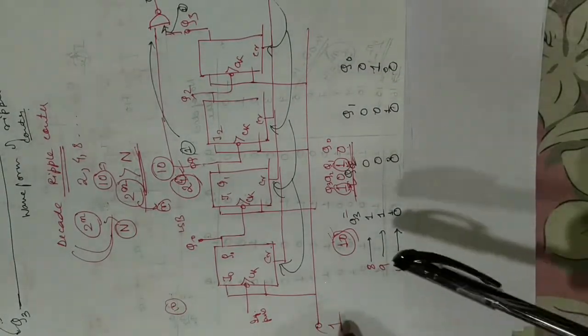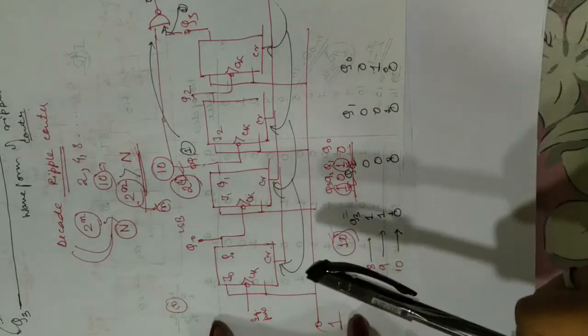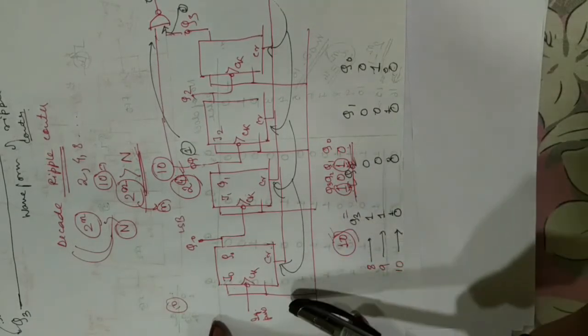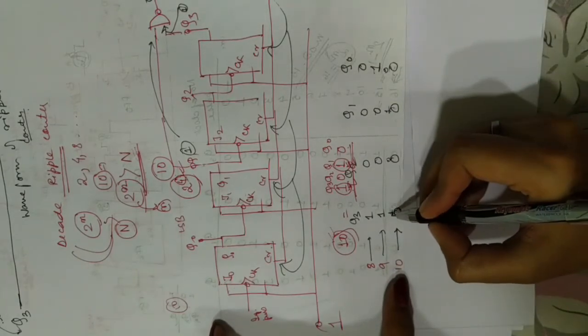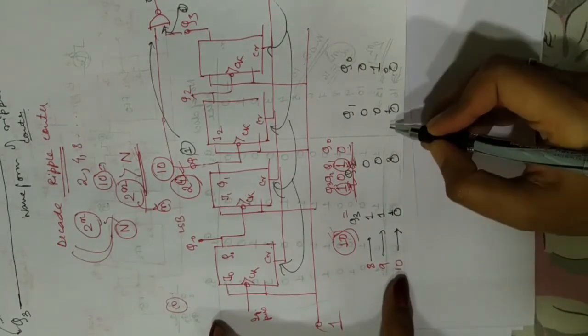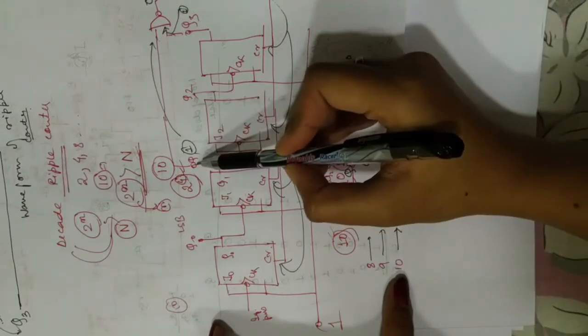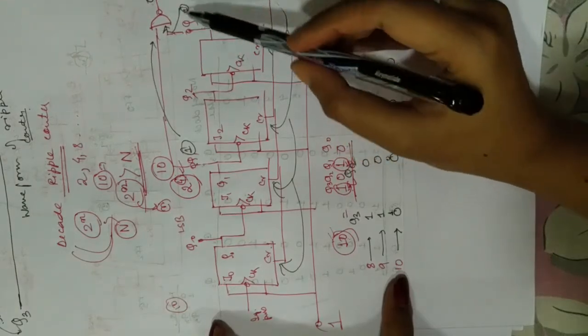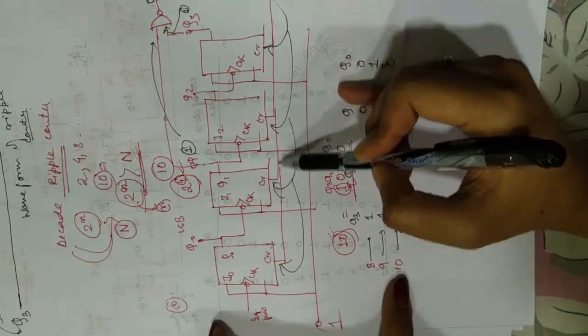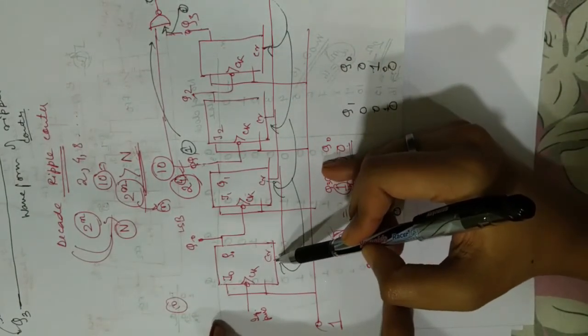I will repeat, the functioning is absolutely the same in case of decade ripple counter, but on the 10th pulse, since the binary output normally becomes 1 0 1 0, when these ones get passed onto this NAND gate, the output becomes 0, and those outputs are all connected to the clear input.